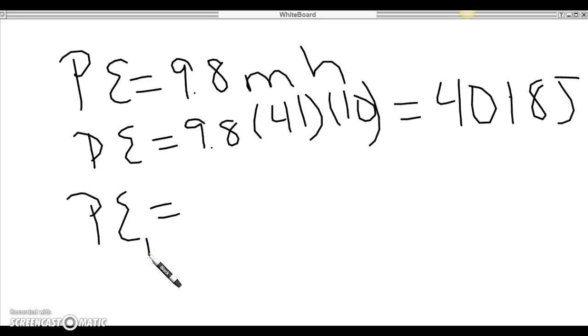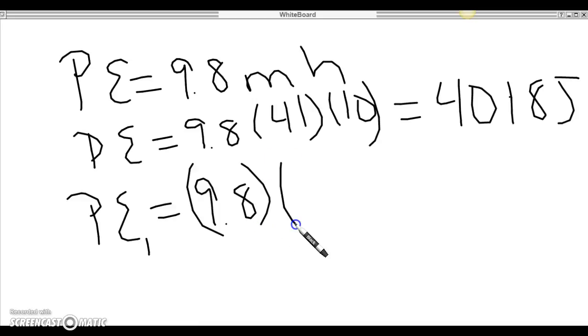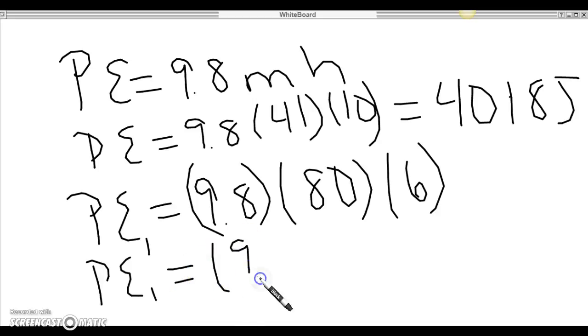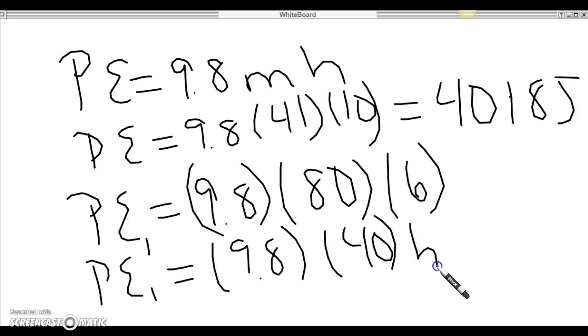So let's say diver 1 has 9.8, mass 8, and height 6. And we know the potential energy of the second one, which should be equal, again, we have 9.8. We know that his mass is 40, and we're looking for his height.